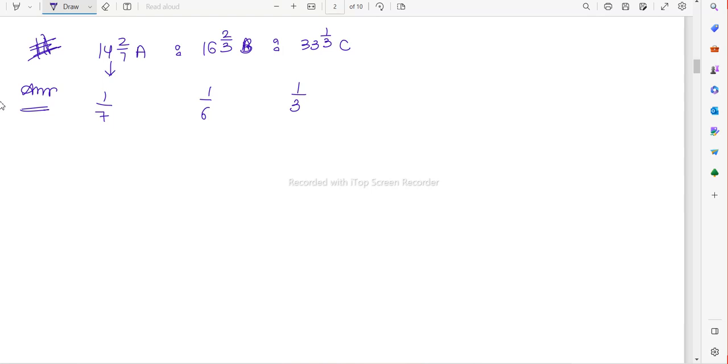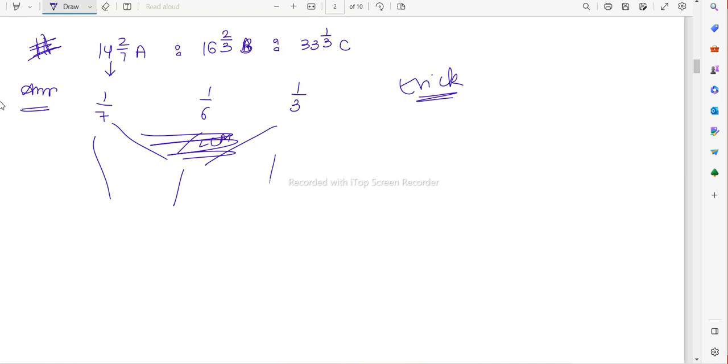Now what you will be doing is, now since it is like this, so our first method would be to take the LCM. So what could be the LCM here? Don't take LCM. I'll tell you what trick. Don't take LCM.